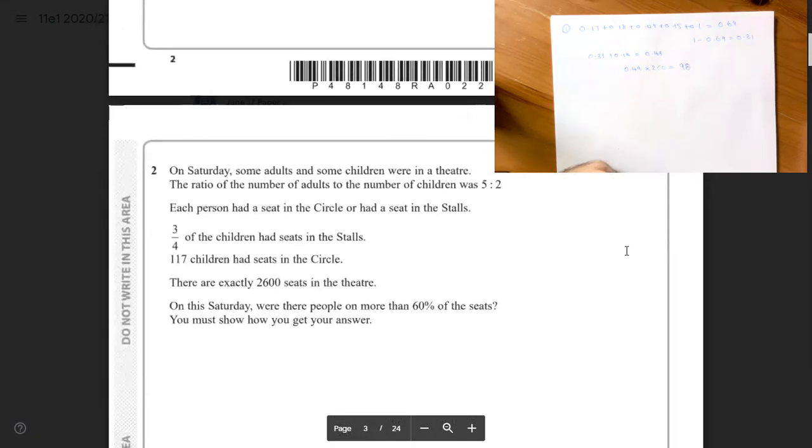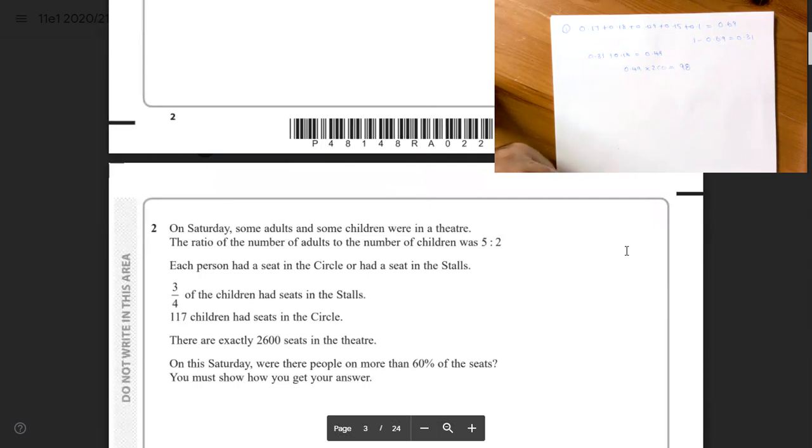Okay, question number 2. So on Saturday, some adults and some children were in a theatre. The ratio of adults to children was 5 to 2. Each person had a seat in either the circle seats or the stalls seats. So 3/4 of the children were in the stalls. 117 children had seats in the circle.